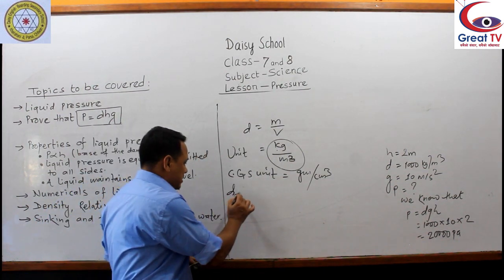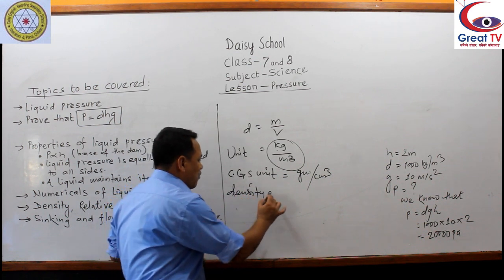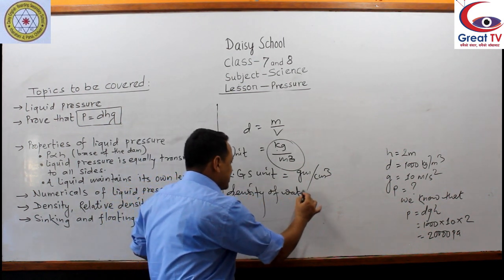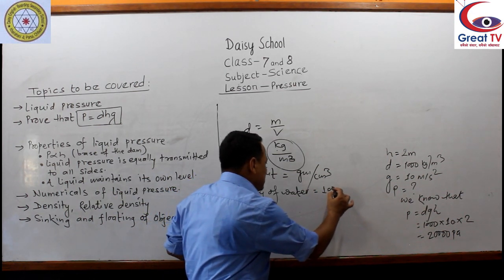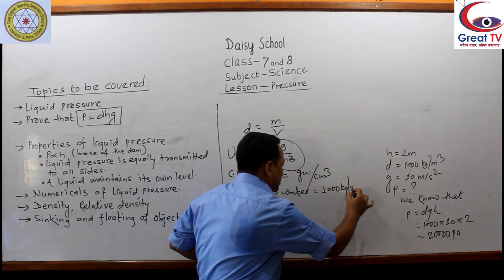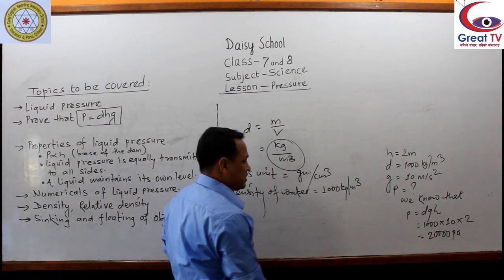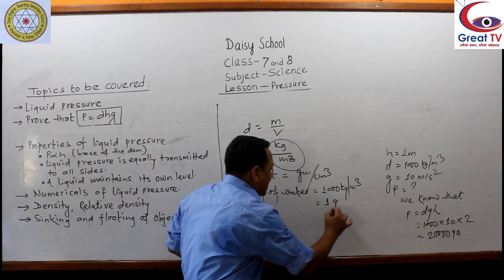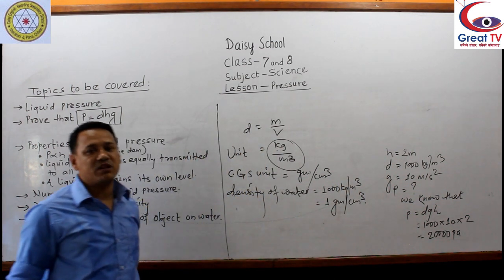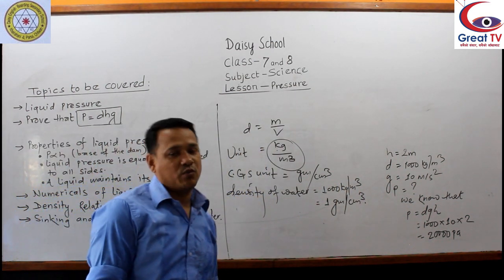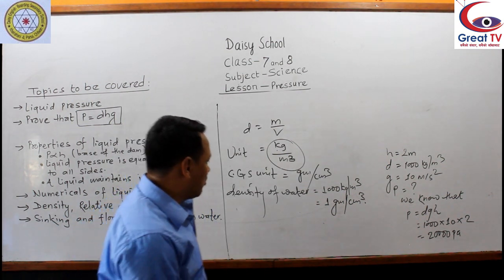Remember the density of water. That is the standard density we say at 4 degrees Celsius. Density of water is 1000 kg per meter cube, which means 1 gram per cm cube. Don't forget this relation.